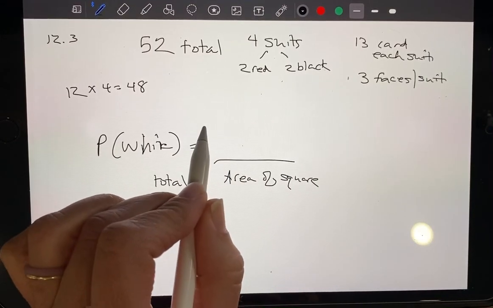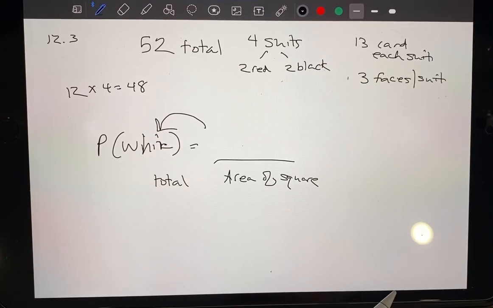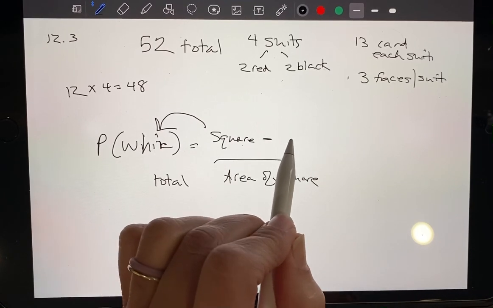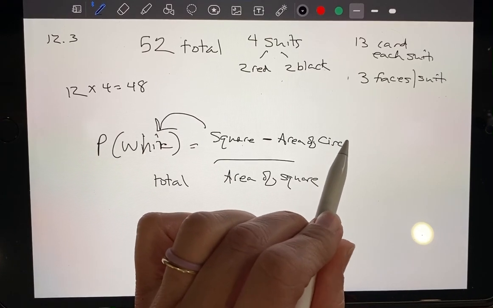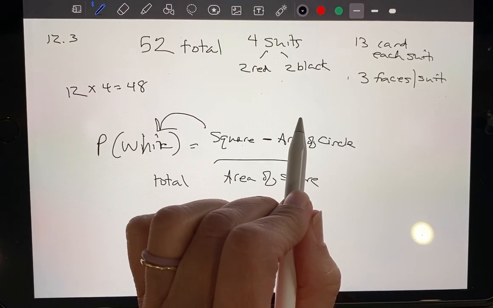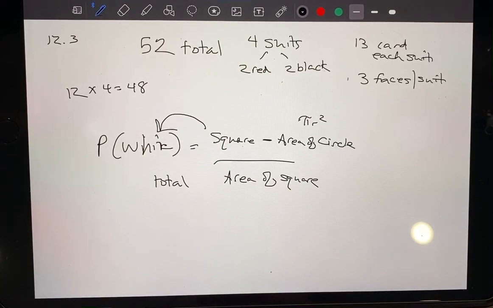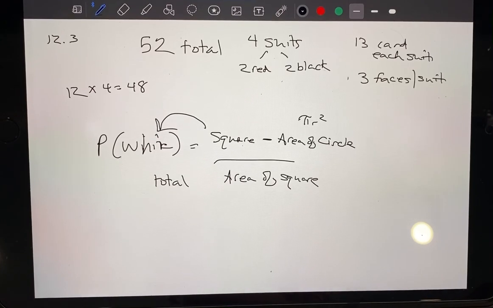Now, the way that I get the white area is I have to take the area of the square and subtract out the area of the circle, the largest circle. And we know that the area of a circle is pi r squared. And so we would use these steps to find our probability there.